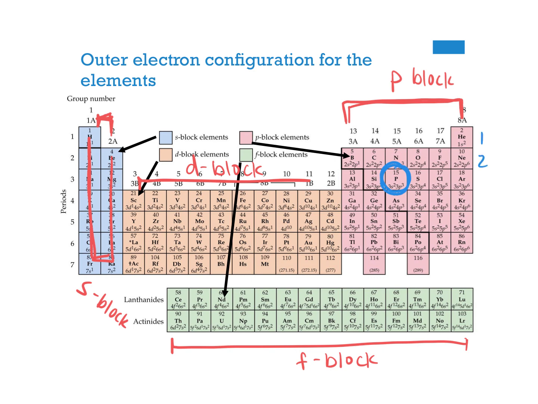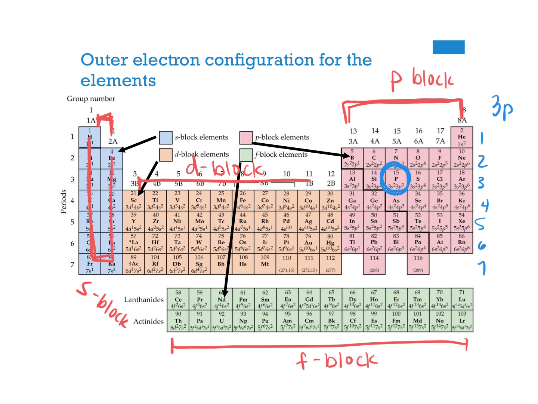Yep, 1, 2, 3, 4, 5, 6, 7. So it would be in a 3p orbital. Would we agree with that? It's in the 3rd energy level, so we've got 3 levels of orbitals, and it's in a p version. It's in the third row down that tells us energy levels.